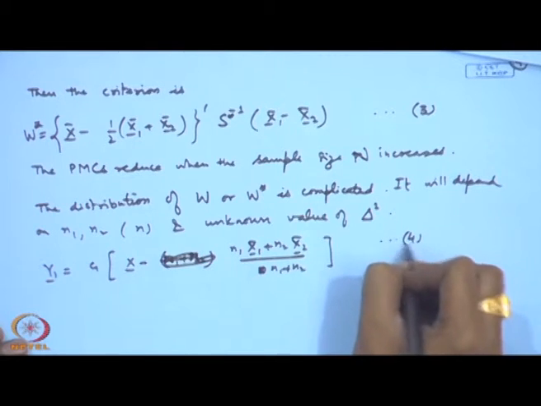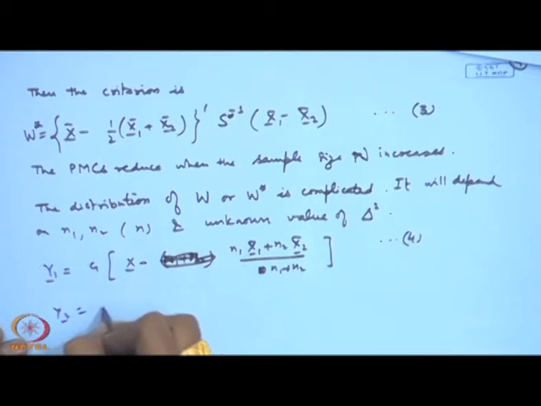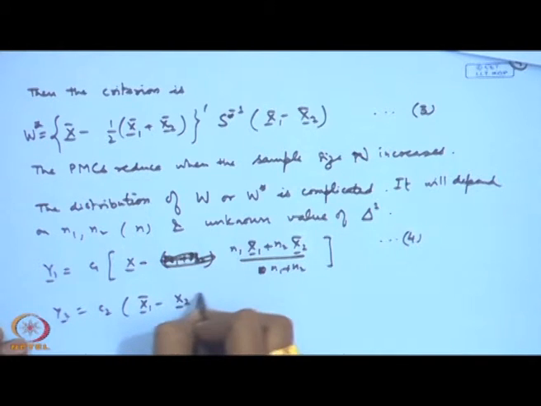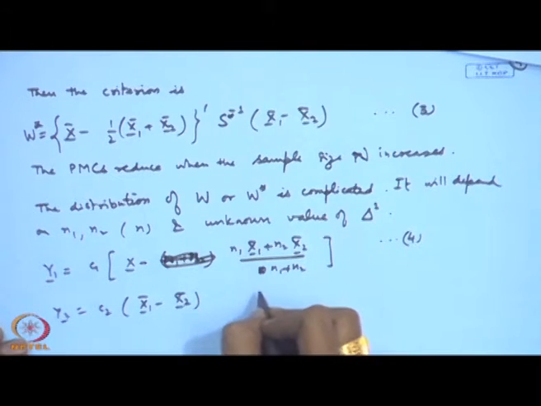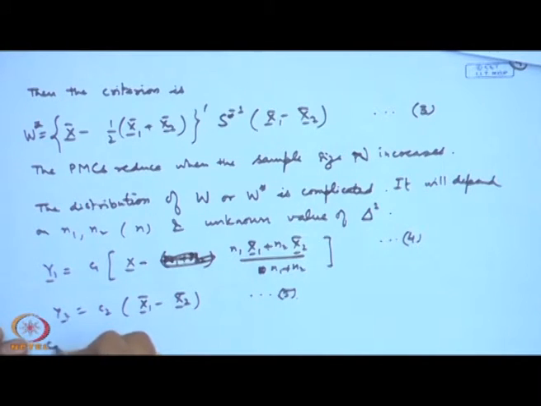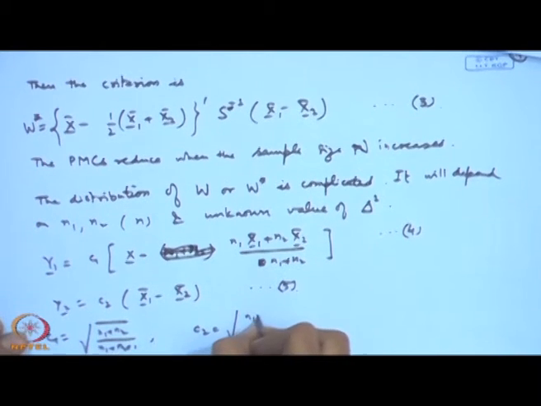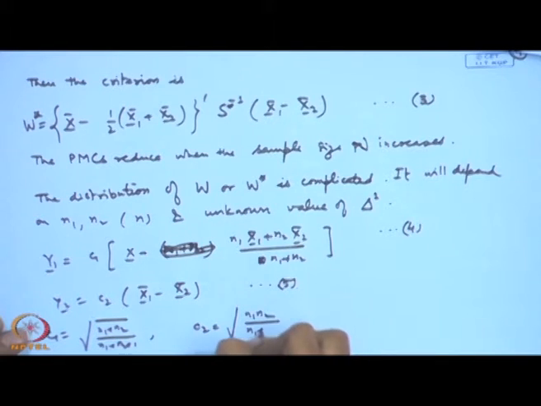Let me call it 4, and y 2 is equal to some C 2 times (x 1 bar minus x 2 bar). And here I am choosing C 1 equal to square root of (n 1 plus n 2) by (n 1 plus n 2 plus 1), and C 2 equal to square root of n 1 n 2 by (n 1 plus n 2).